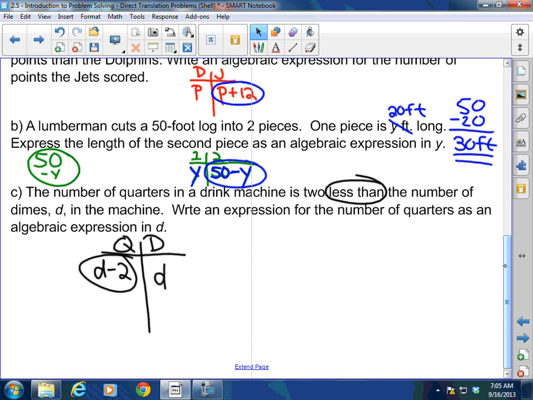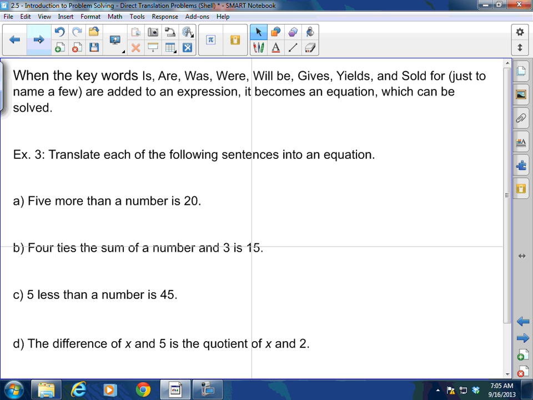All right. I'm sure you guys are doing really well. Hopefully this is starting to make sense. Let's kick it up a notch. When keywords like is, are, was, were, will be, gives, yield, and sold for, just to name a few, are added to an expression, remember what we said, it becomes an equation, which can be solved, okay?